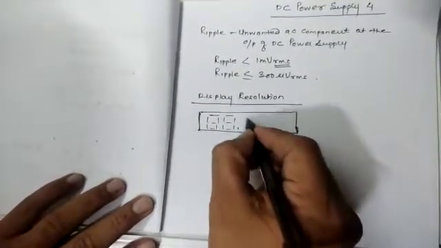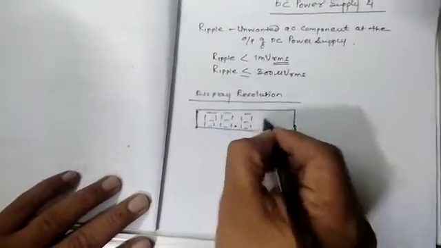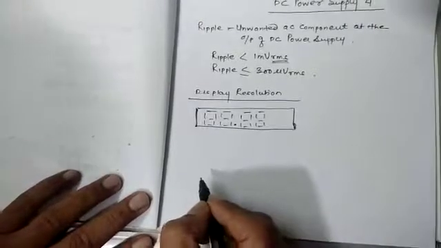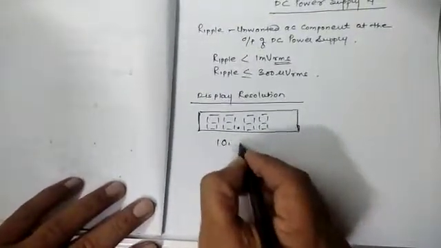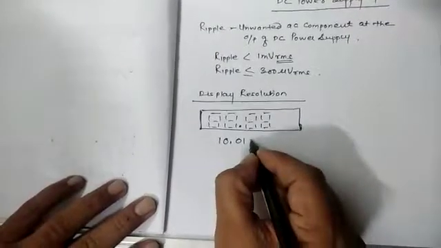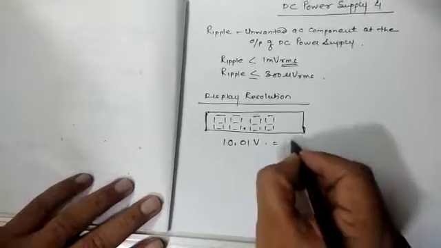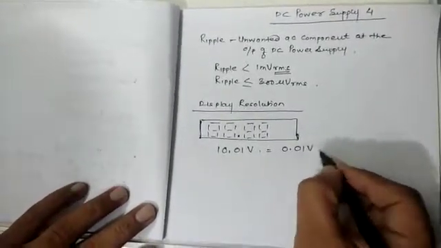Say for example this decimal point, and then I have these 2 digits. For example, I set the output voltage to 10.01 volts, meaning I am setting 0.01 volt after the decimal.